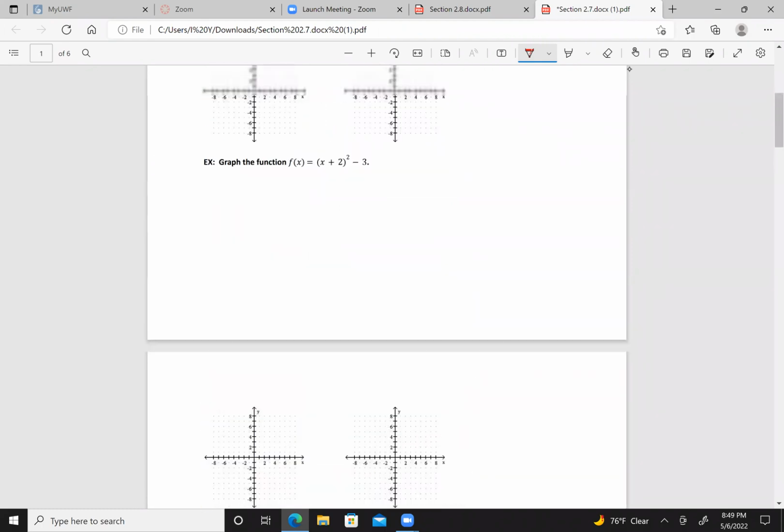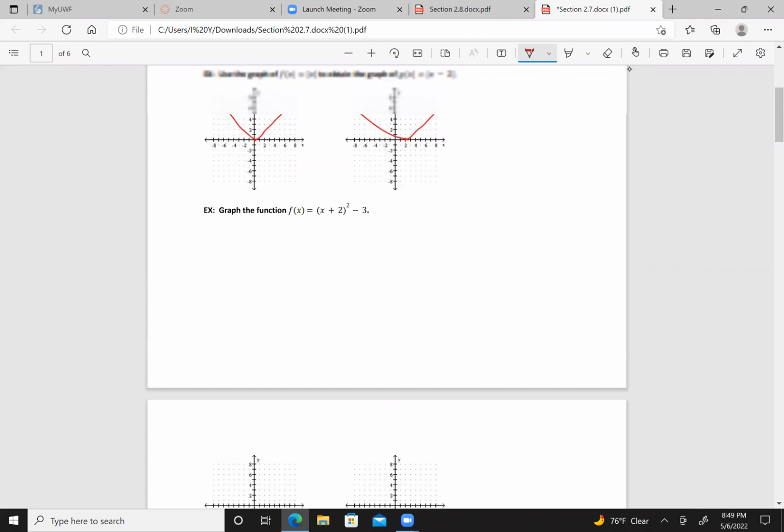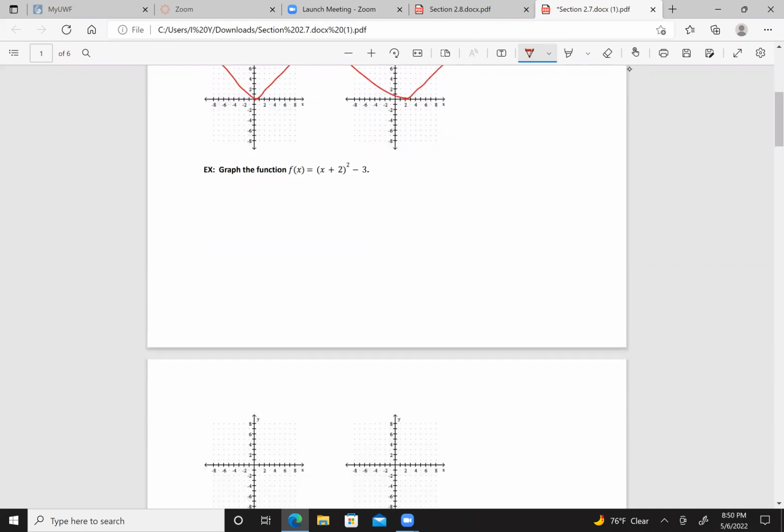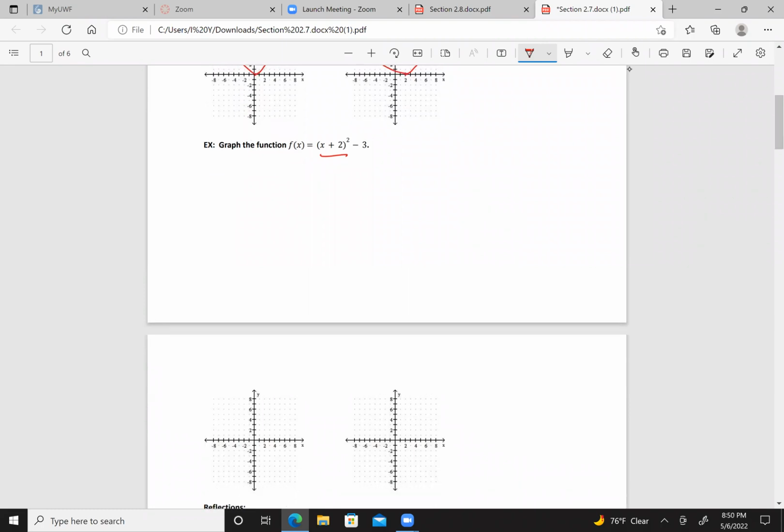So let's put it all together. And the function f of x equals (x plus 2) squared minus 3. So this means we're going left 2 units, which would put us here.